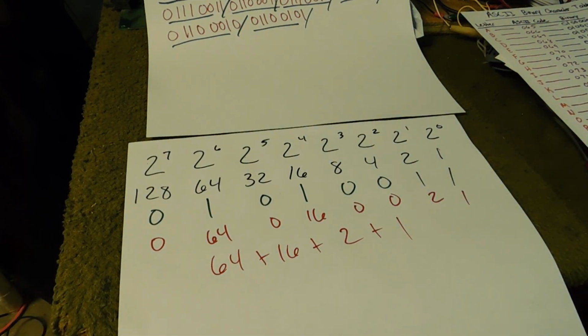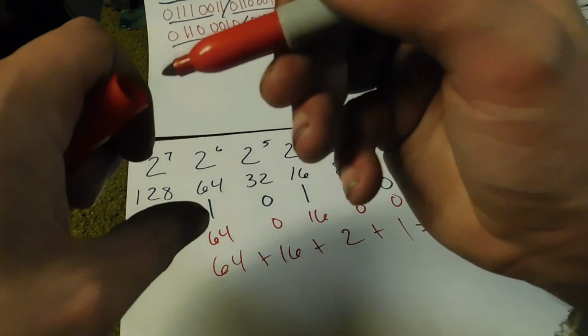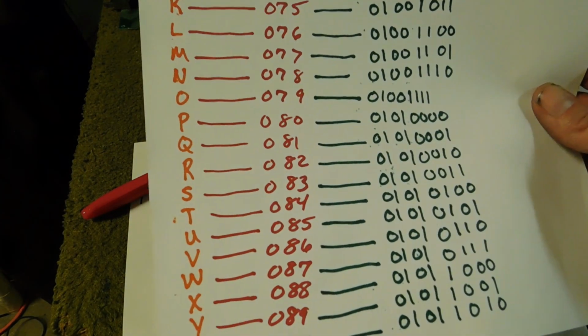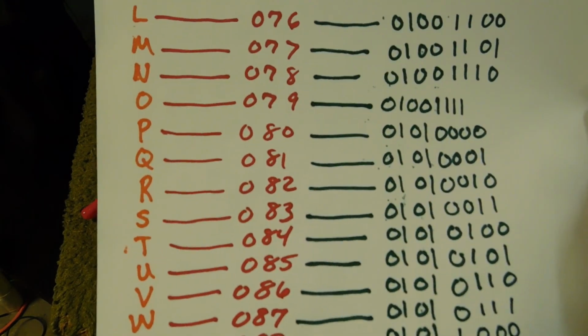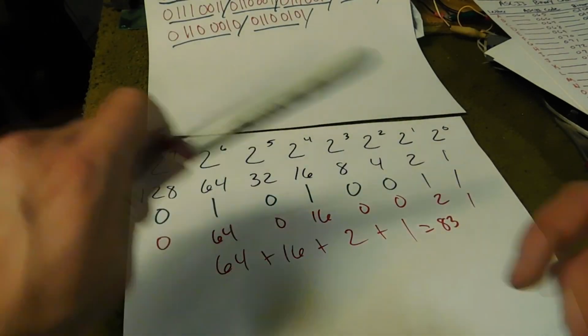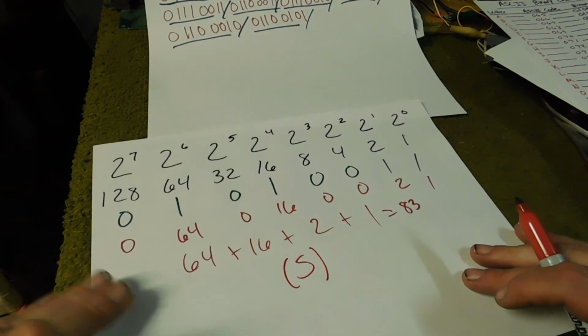Now, when you add 64 plus 16 plus 2 plus 1, you're going to get 83. Okay? Now, when we look at our conversion tables, let's look for 83, and there is 83 right there. It is an uppercase S. So, that's what that creates, okay?